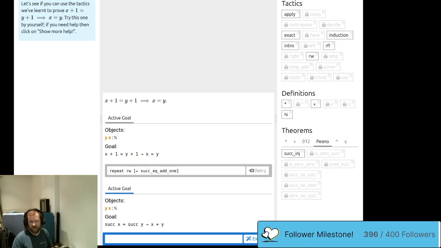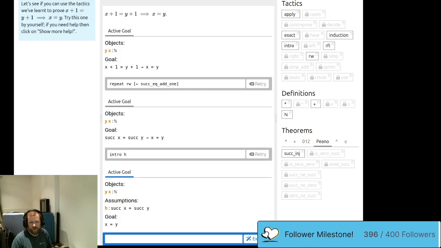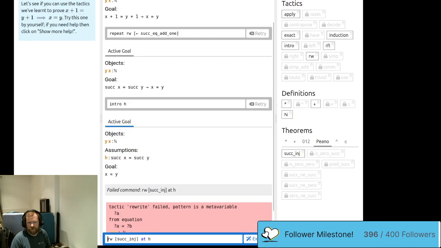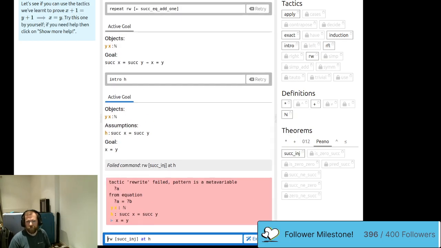Yep. Intro h. Successor x equals successor y implies then the goal x equals y. So yes, we can rewrite successor injective at h. Nope.